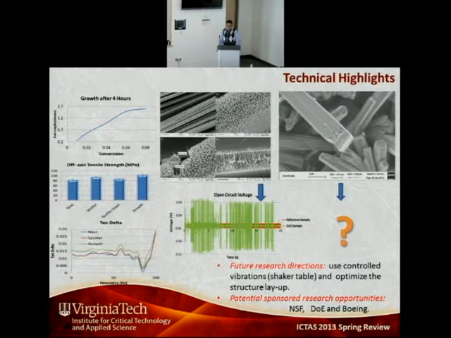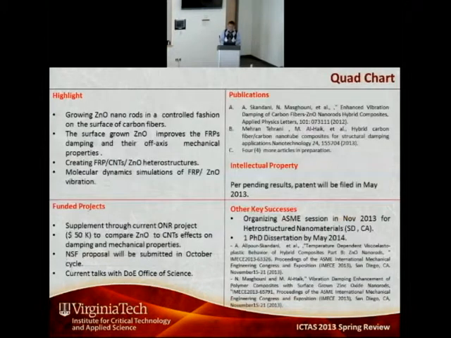So we have potential sponsored research opportunities from NSF, Department of Energy, and Boeing. As a highlight, we have succeeded to grow zinc oxide nanorods in a controlled fashion on the surface of carbon fibers, with a uniform distribution. So the surface grown zinc oxide improves the FRP's damping, as we see in the DMA results, and the off-axis mechanical properties.